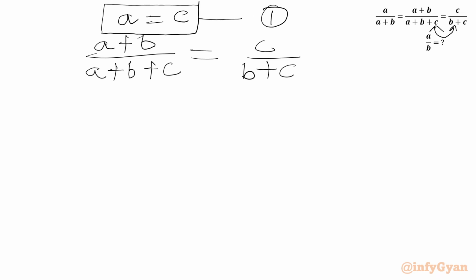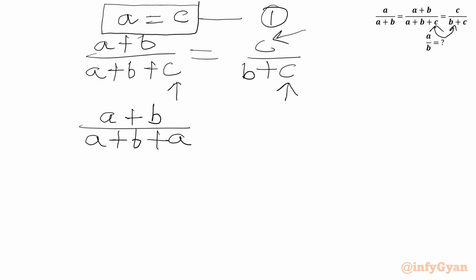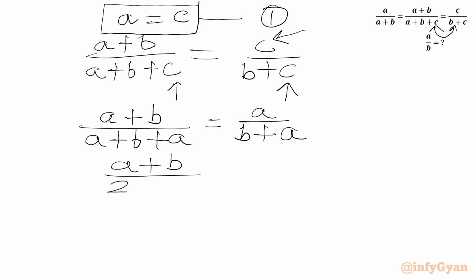In place of C, we can write A. Let's write A plus B over A plus B plus A equal to A over B plus A. Or we can write A plus B over 2A plus B, since A plus A is 2A, and in RHS, A over A plus B.